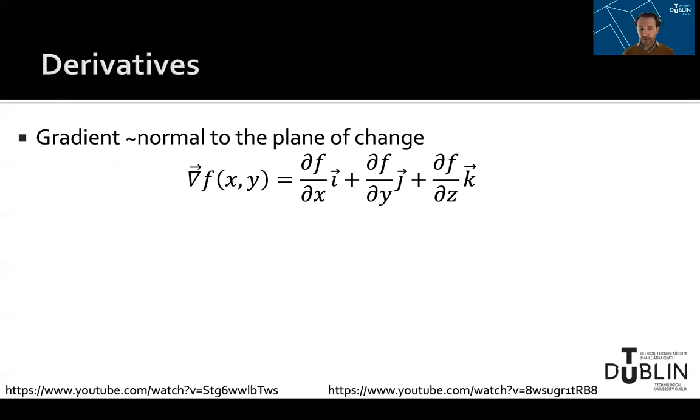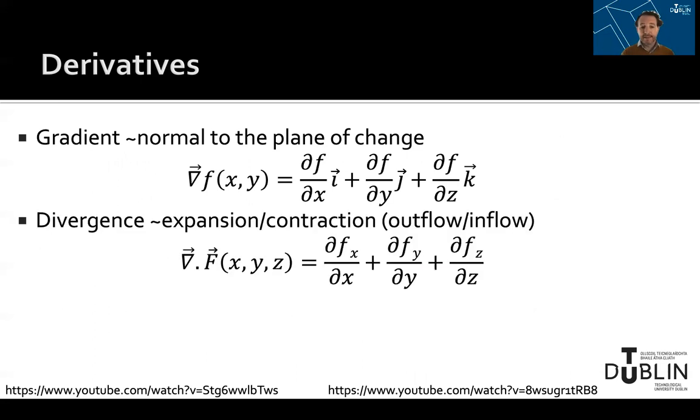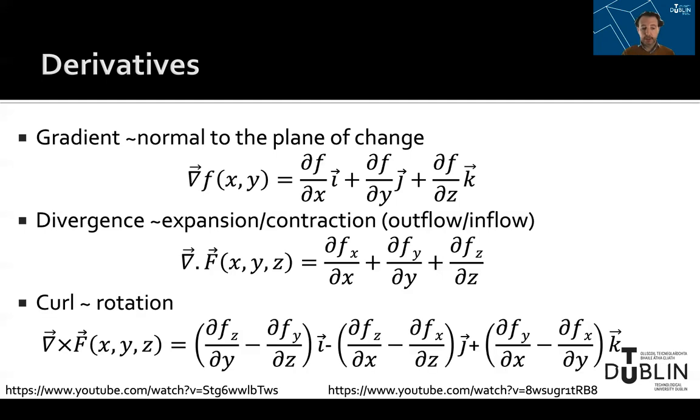The gradient is a vector that represents the derivative in the x, y, and z direction as a vector. To take divergence, you do the dot product of that with your vector field. And to get the curl or the rotation, you do the cross product, linking together our earlier work with the derivative work.